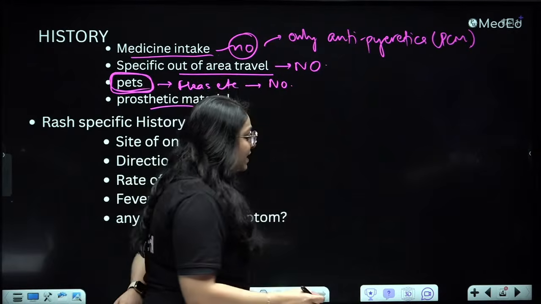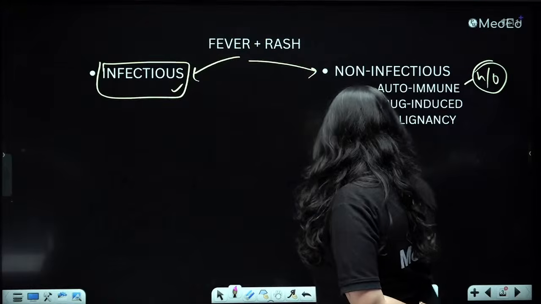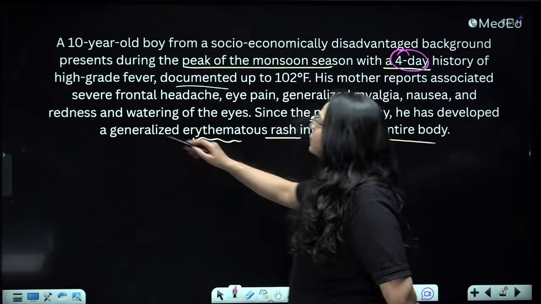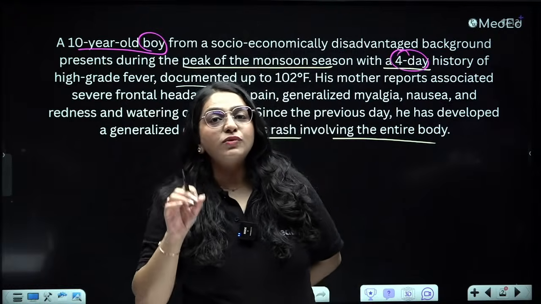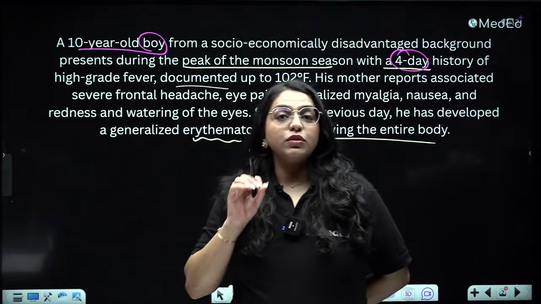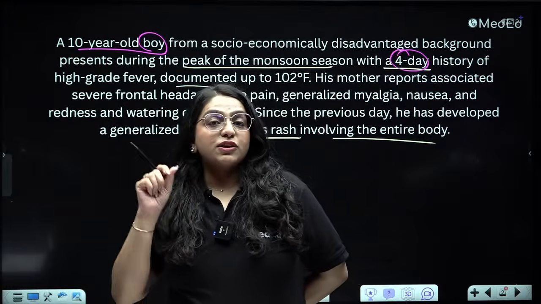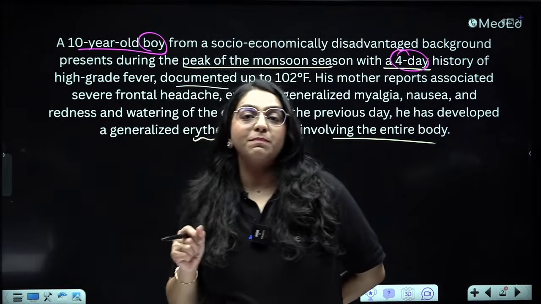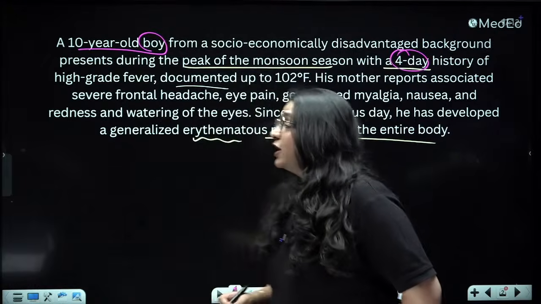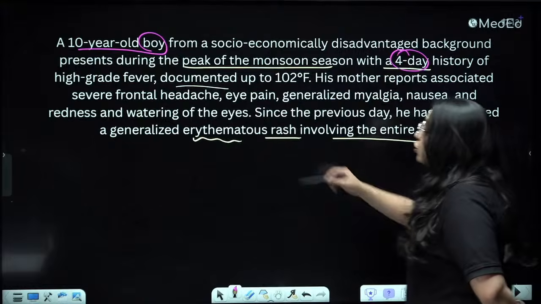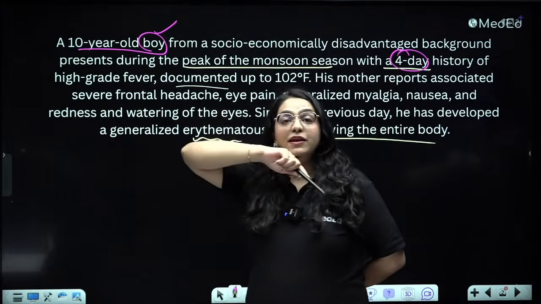Now see, it's a 10-year-old child, right? It's a 10-year-old boy. So at this point of time, if you want to suspect, don't you also want to suspect toxic shock syndrome, which happens because of Staph aureus? That also presents with rashes. Tampon use history is not going to be there in a 10-year-old boy.